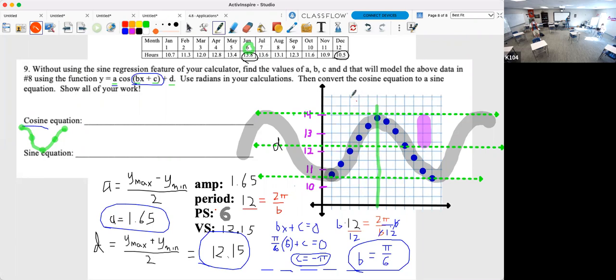So our sine curve has to start one quarter period left of where we started the cosine equation, just because of how sine works. It has all the other same information.